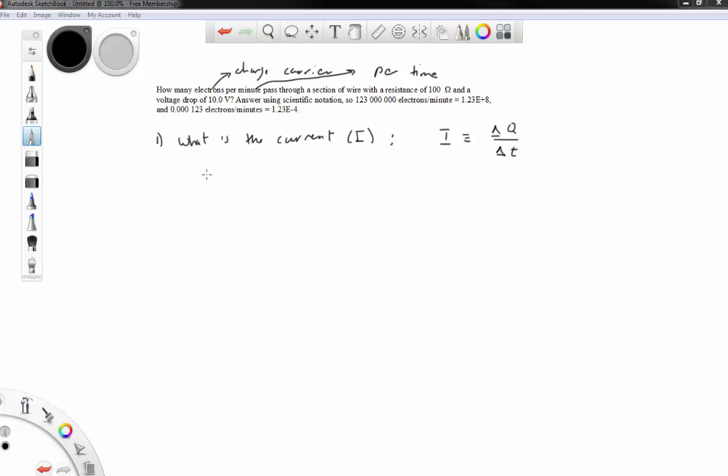So V is equal to I times R. That implies that I must be V over R. And so that implies that we have 10.0 volts per 100 ohms. And so this is 0.1 amps, which is the same thing as 0.1 coulombs per second.